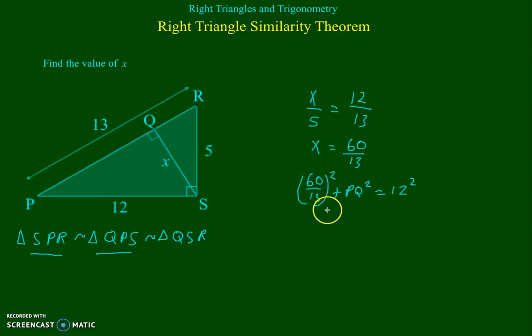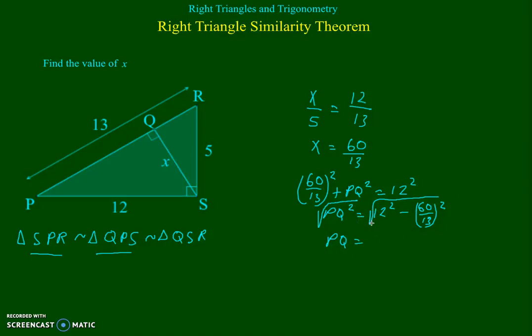So let's subtract out: PQ squared equals 12 squared minus (60/13) squared, and we'll take the square root of both sides, and therefore PQ equals this.